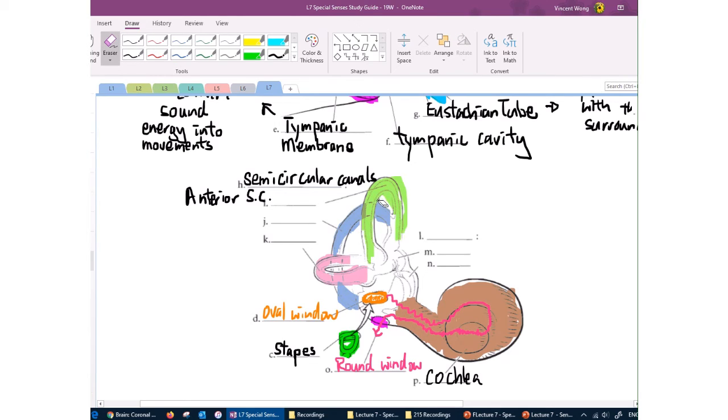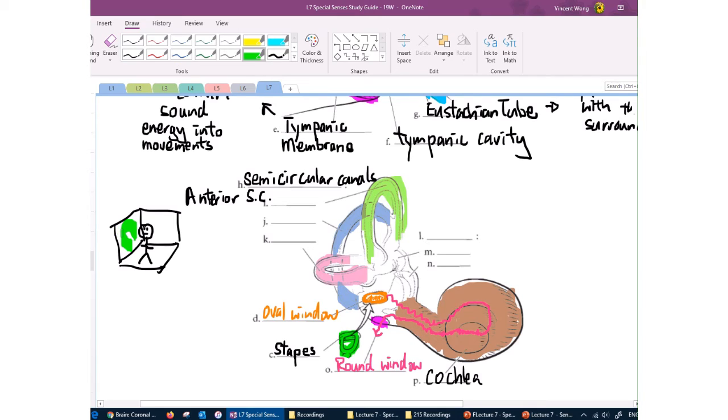And if you think about like a room, right? Okay, so like this is a room, and this is the floor, and then you're kind of standing like this. Okay, looking at the wall here. Okay, so this green semicircular canal is going to be parallel to this wall.